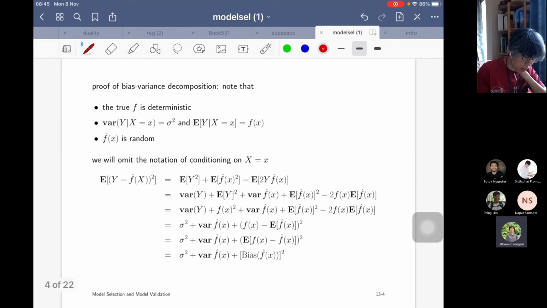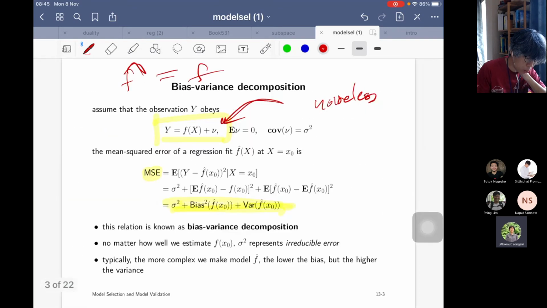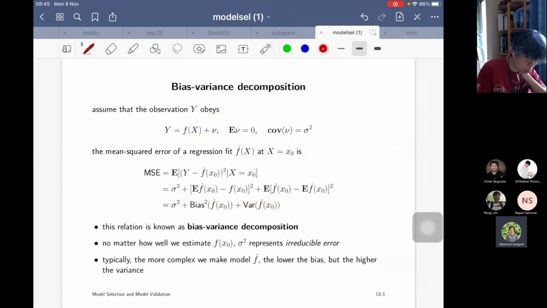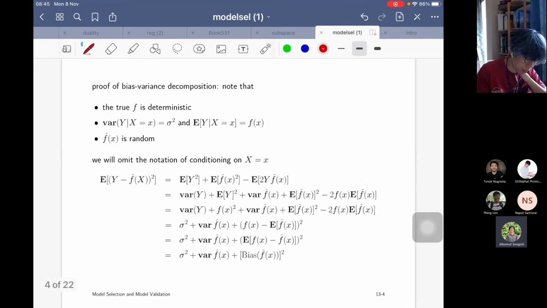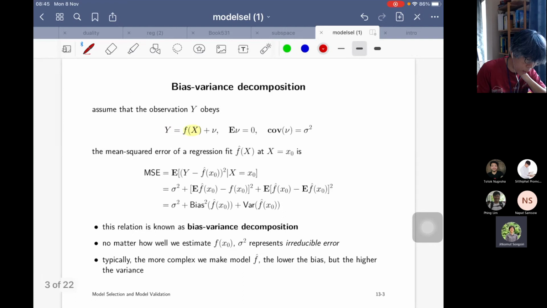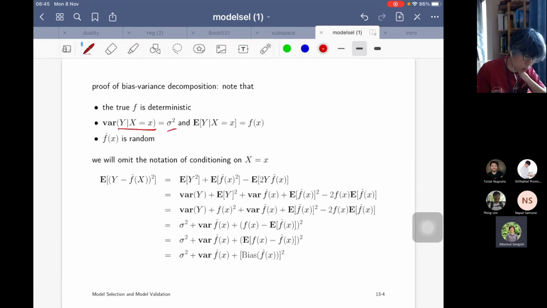Now we take a look at the bias-variance decomposition. We assume that the true representation of the relationship f is deterministic. Secondly, when x is given, f is deterministic, so the variance of y given x is the same as the variance of the noise, which is sigma square.